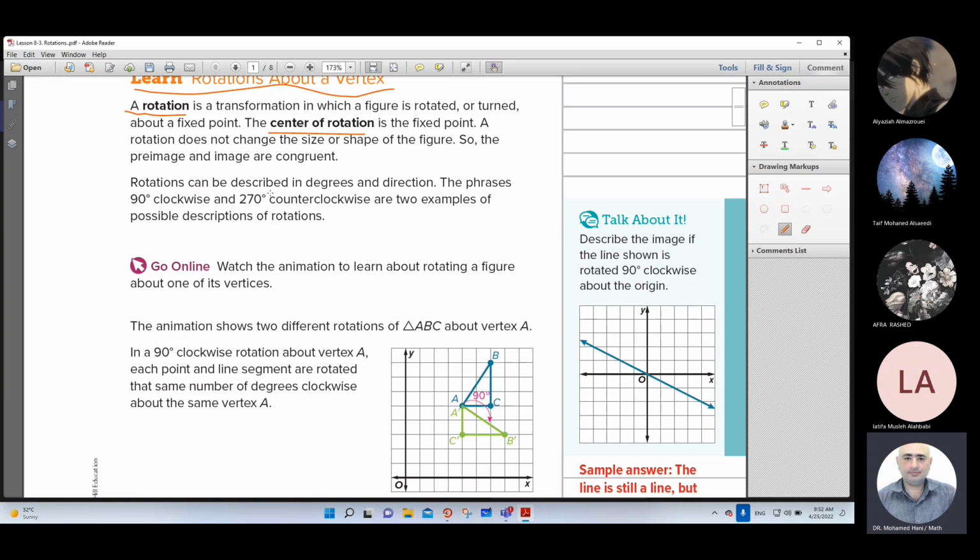Rotation can be described in degrees and direction. So the first is 90-degree clockwise, and 270-degree counterclockwise. As you see, this is the clock.